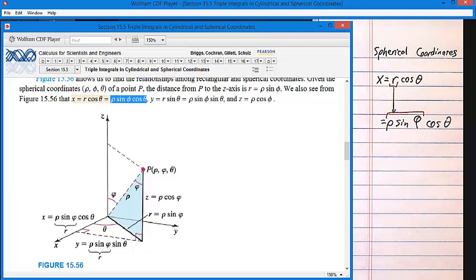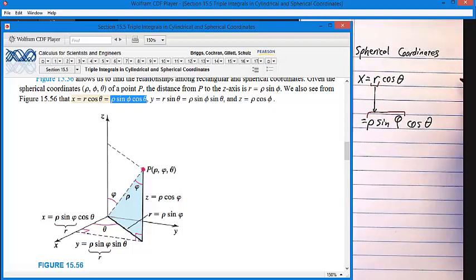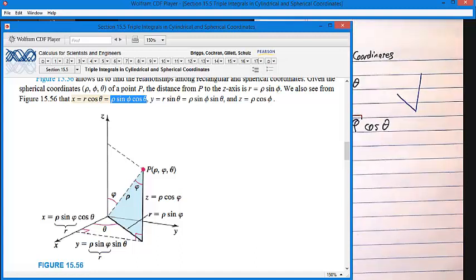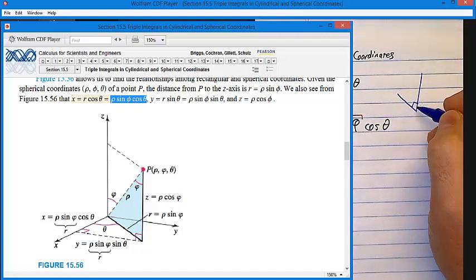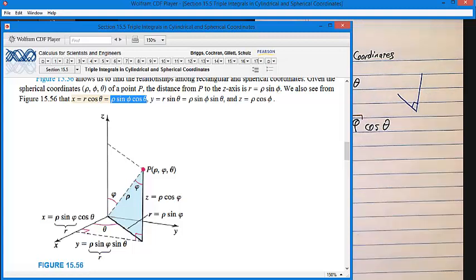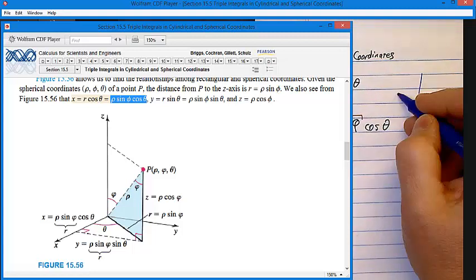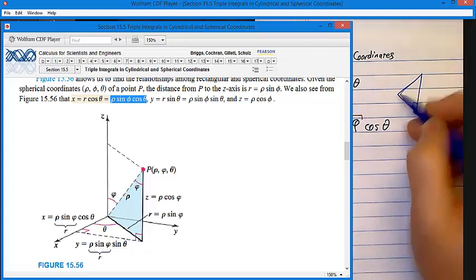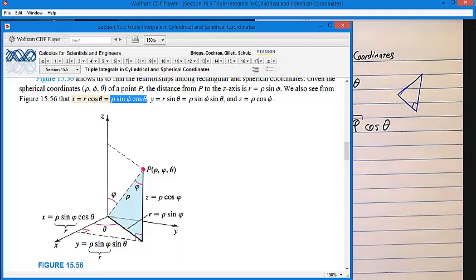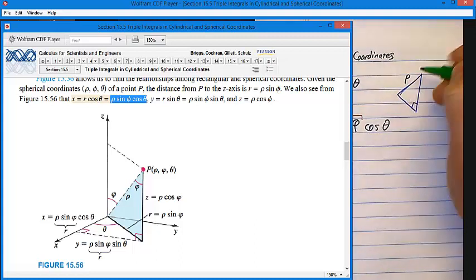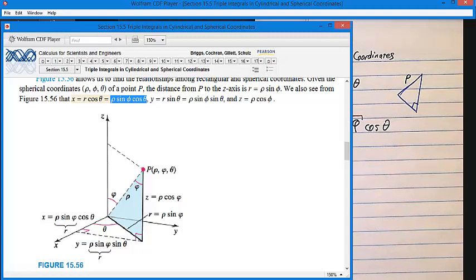Well, they're focusing on the blue triangle. So the blue triangle, I think, looks something like this, where that's a right angle. This is the hypotenuse, right? So that has length rho, and this has length r.